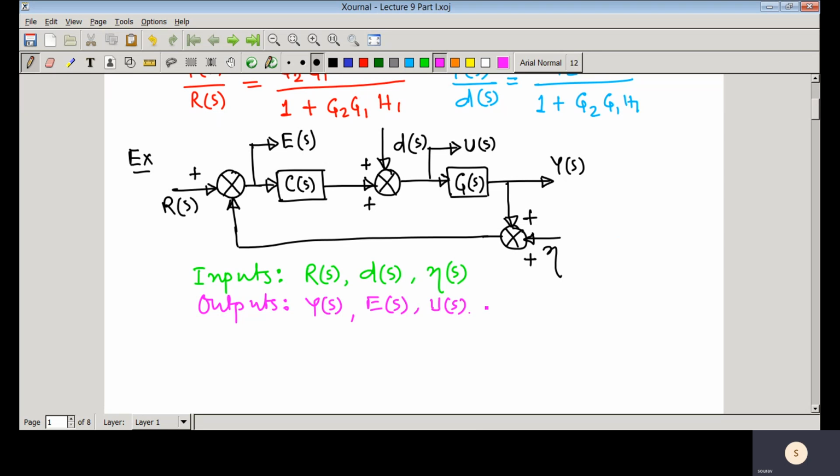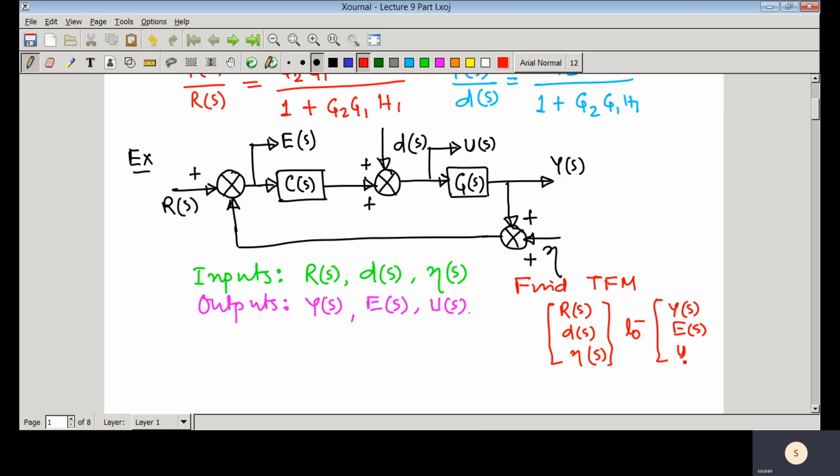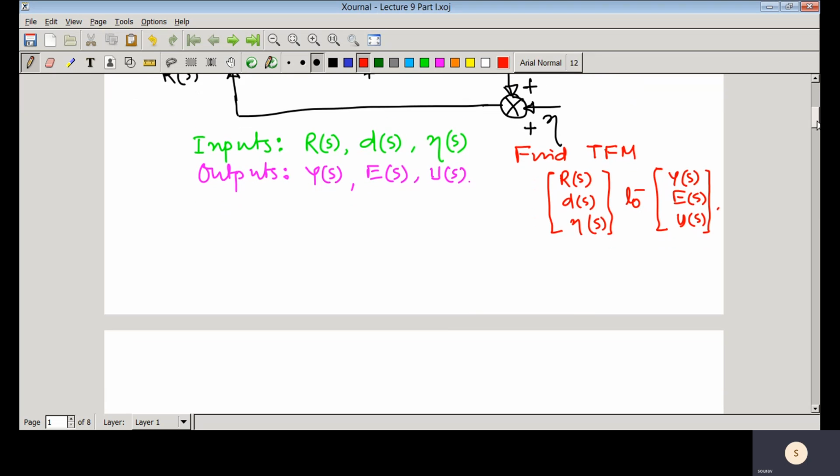So we are interested in the transfer function. The problem is: find the transfer function matrix from the vector R(s), D(s), eta(s) to Y(s), E(s), U(s). So let us see what is the transfer function matrix in this case.